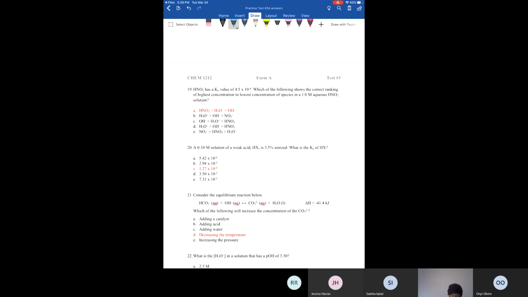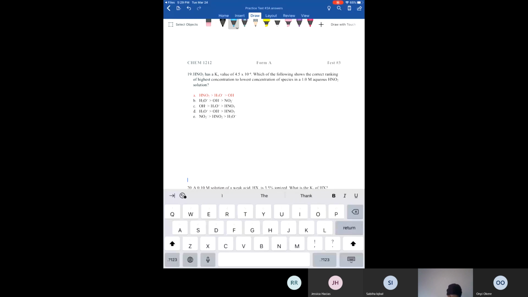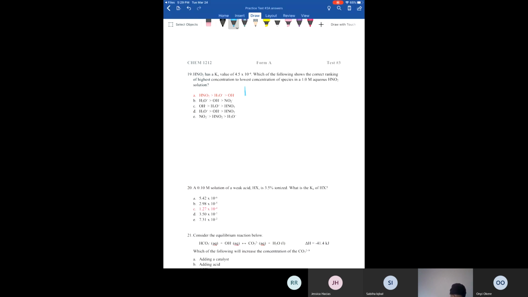So you can work this one if you don't understand it conceptually. You just need your eyes. So this is the ICE table: 1 minus x, 0, 0, plus x, x, and x.